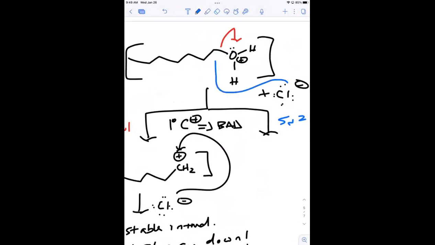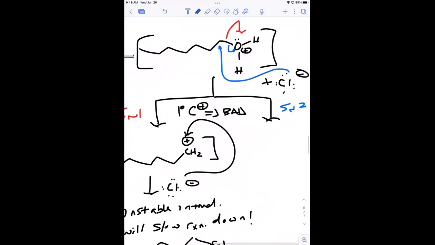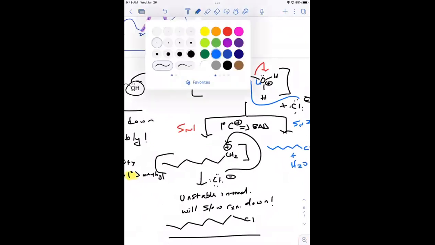So this comes here like that, and then you lose water, right? So that product for SN2, instead of going through a carbocation, is now going to go through a concerted mechanism. And then you end up with that plus H2O. And then let me put that water over here too.